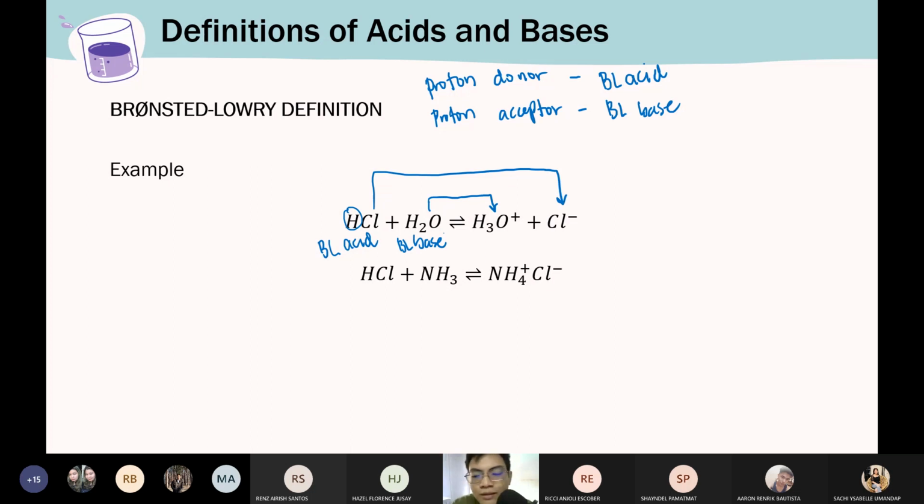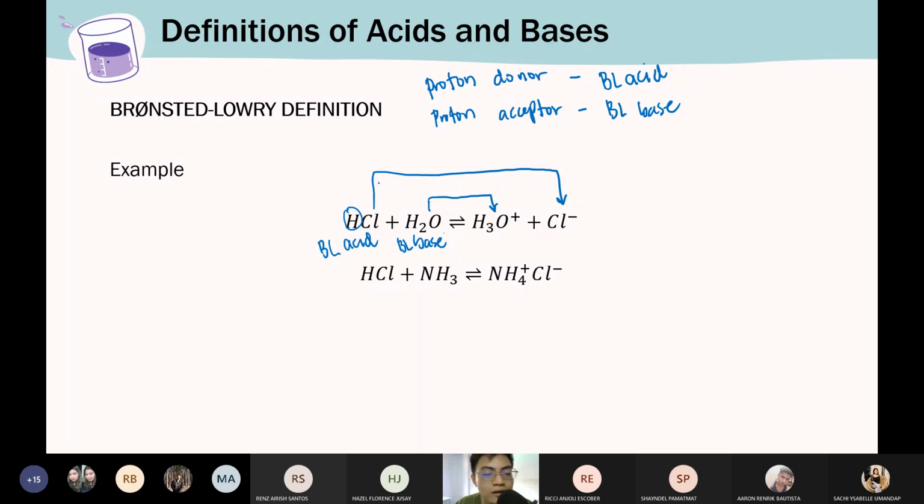So, ganun lang ka-simple. And that definition is very significant, no? Grabe din ang effect niyan sa chemistry. Okay? Because with the Bronsted-Lowry definition, we were able to classify more and more substances as acid and base.